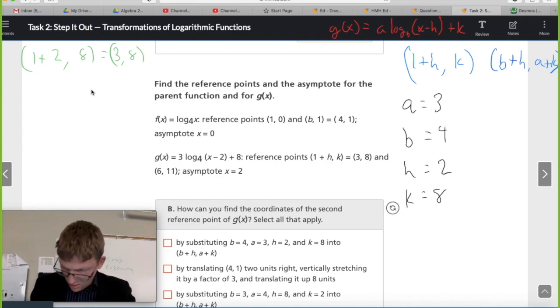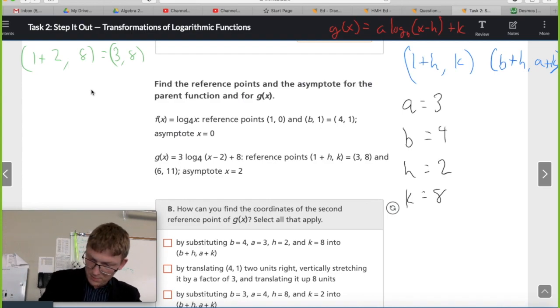And then our second reference point is going to be b plus h, 4 plus 2, a plus k, 3 plus 8, which equals 6, 11.